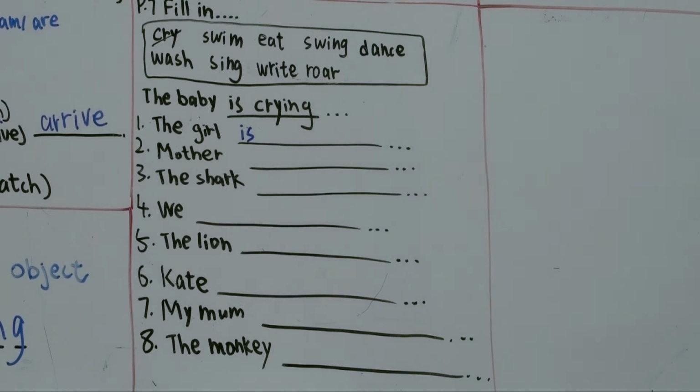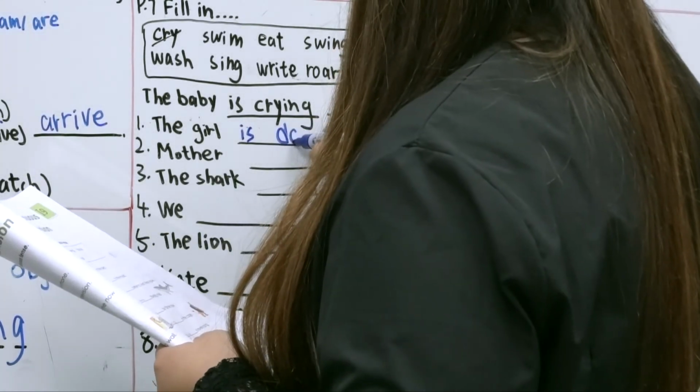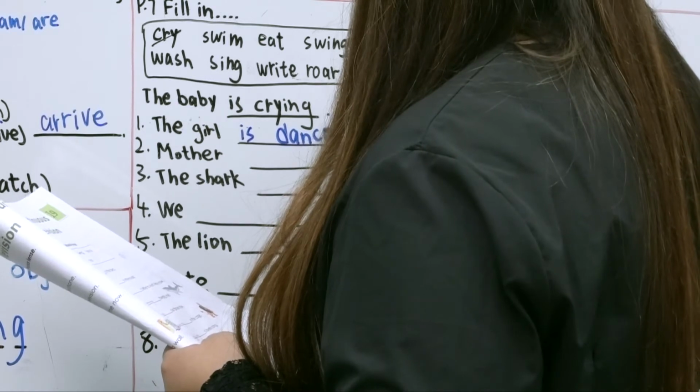Nope. Can you dance the music? You can't sing to the music, right? You can sing a song. But you can dance to music, right? So the girl is dancing to the music. Dance becomes dancing.